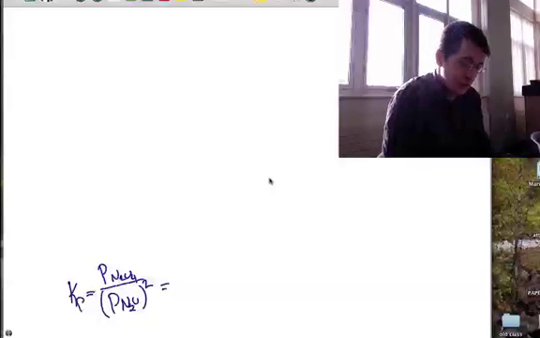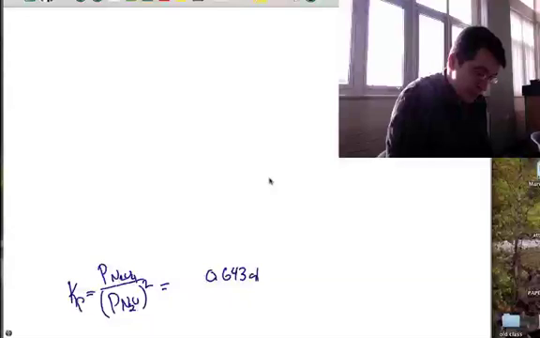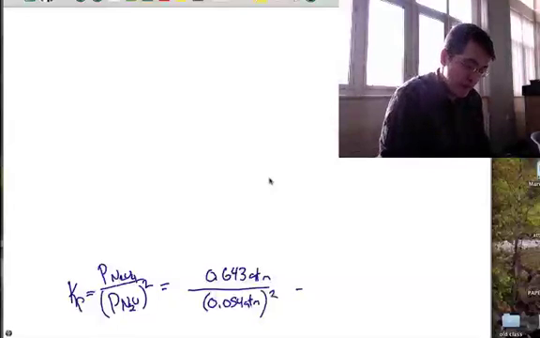And we can plug those values in. At equilibrium, we see 0.643 atmospheres of N2O4 divided by 0.0547 atmospheres squared to give us the following value.